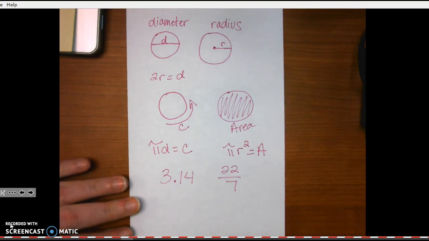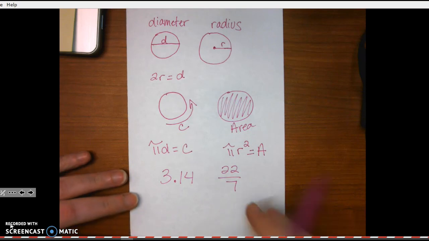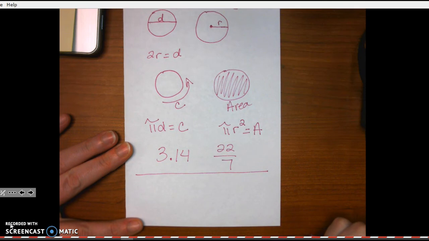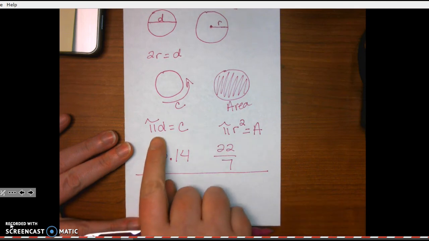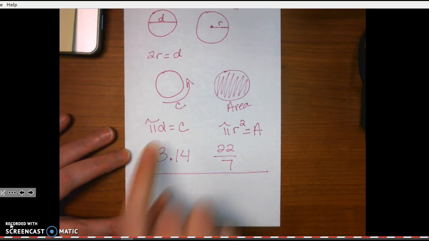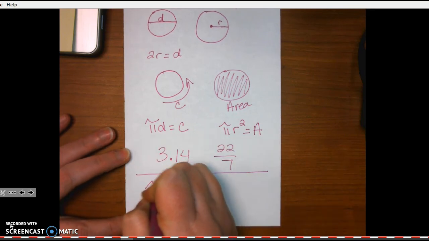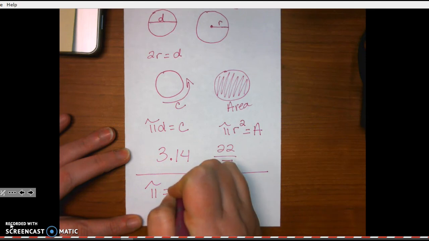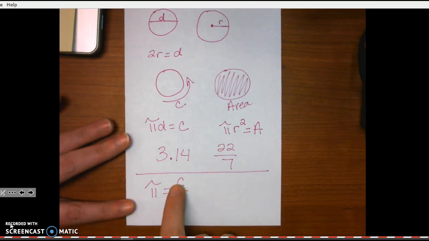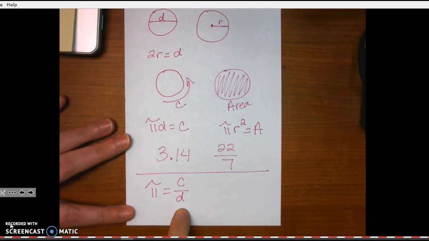Now, for my 7th graders, I know you're eagerly listening, so glad to see you again. If I look at this circumference formula right here and I move it around, look what I have. I have pi equals my circumference divided by my diameter. This is a ratio.